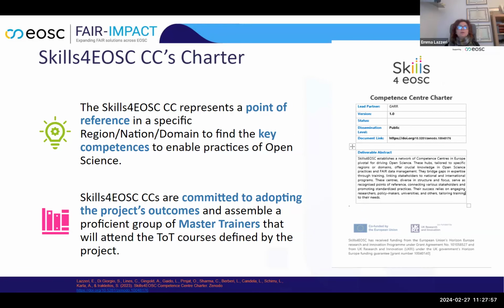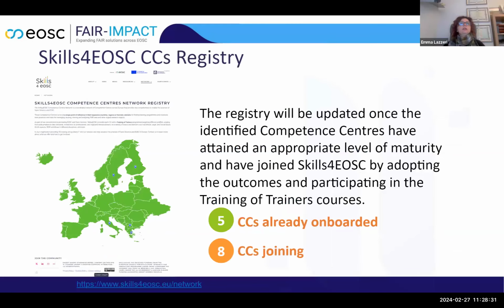And we use this charter to familiarize ourselves with the new competence centers in our network, the candidates for the onboarding. Through the charter, the competence centers are committing to adopt the project outcomes and also to participate in the training of trainer courses that we will start in order to upskill the single countries.